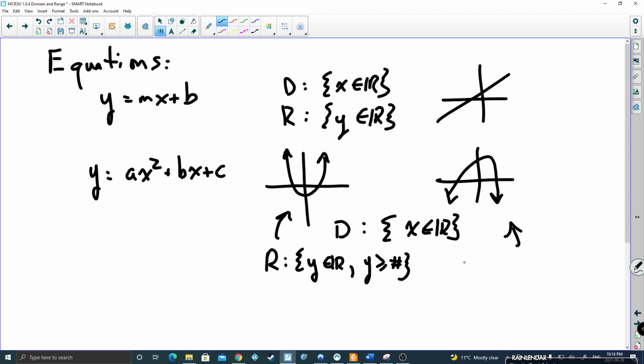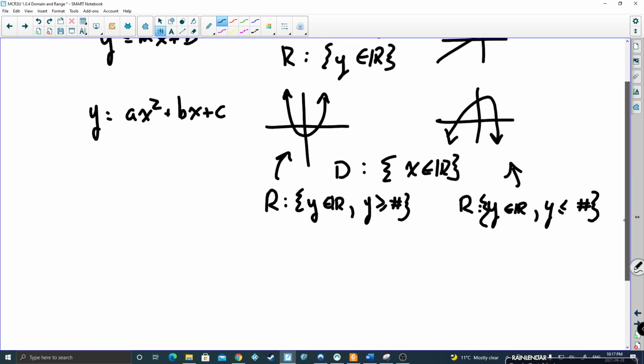And here we would say for the range, y is an element of R, but y is smaller than or equal to a number because it's going downwards from that point. So you've already seen those two. You've seen their shapes, I mean. So you've seen parabolas and you've seen straight lines. But what happens if you have an equation that looks like this?